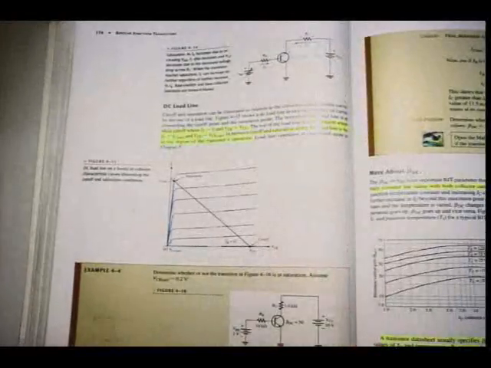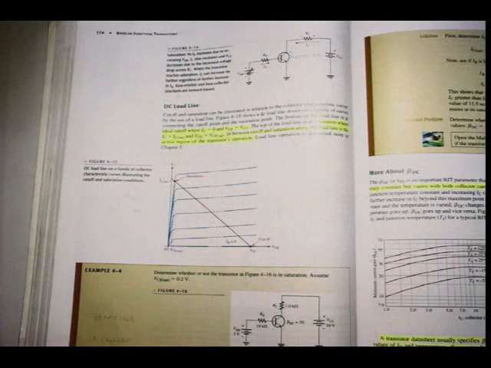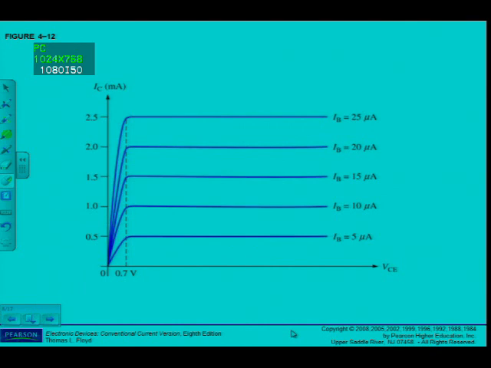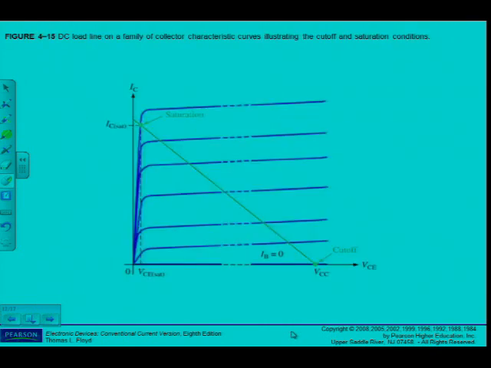Alright, then the DC load line. The DC load line, now we've established, let's just go to our board here again. Here's the family of curves. There it is. Remember now we've applied different IBs. Remember these are all different IBs.